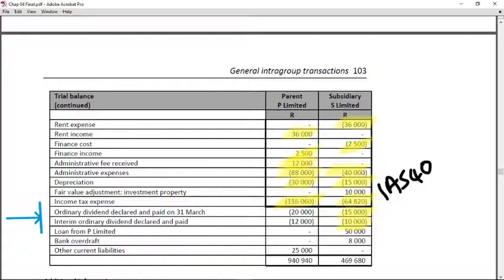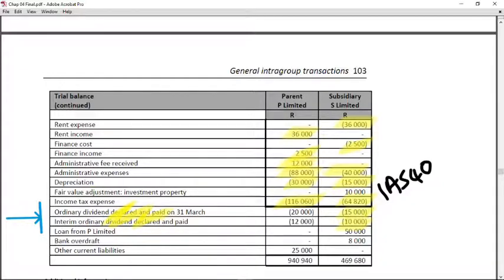Why is it important to know whether the dividend was declared and paid or whether it was only declared? Remember, the consolidation journal entries will be affected when the ordinary dividend by the subsidiary was only declared and not yet paid.